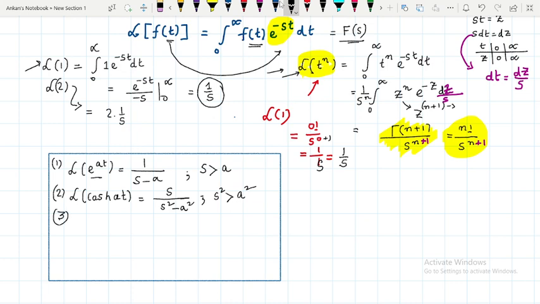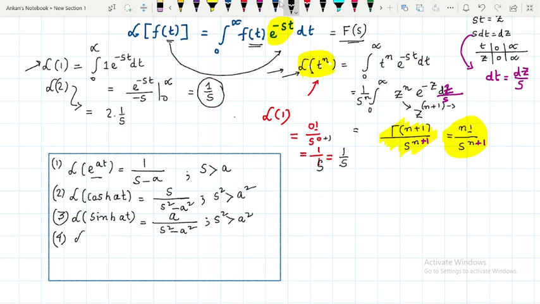The next one, the Laplace transform of sine hyperbolic at. The same approach applies here, but in this case you get a by s square minus a square, and the condition remains the same.